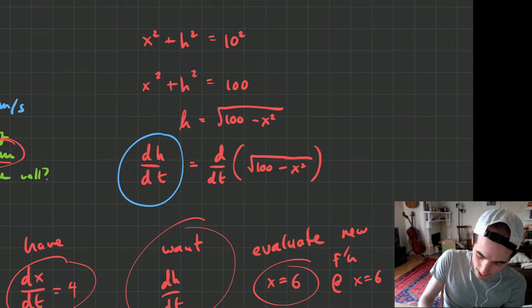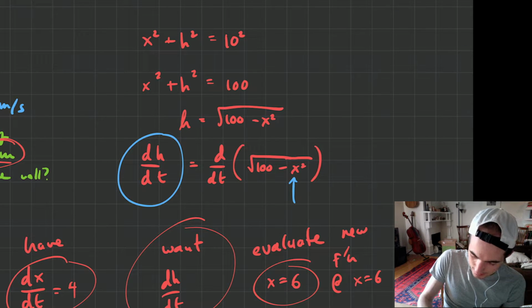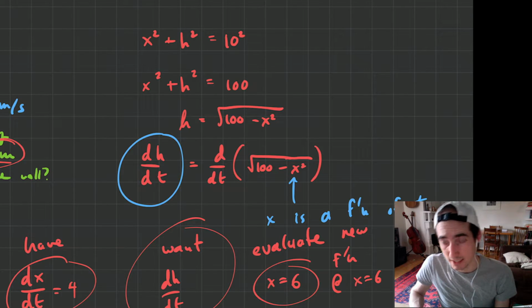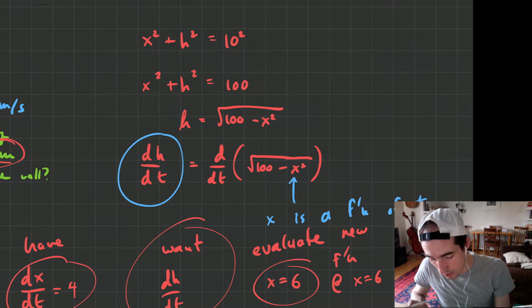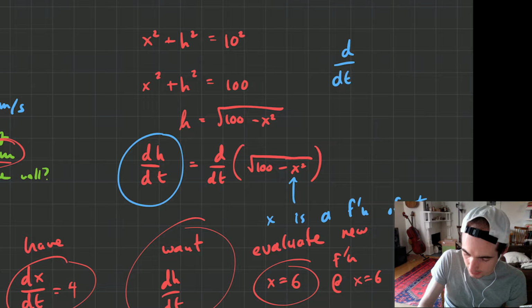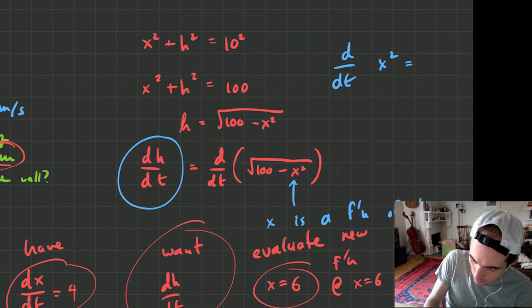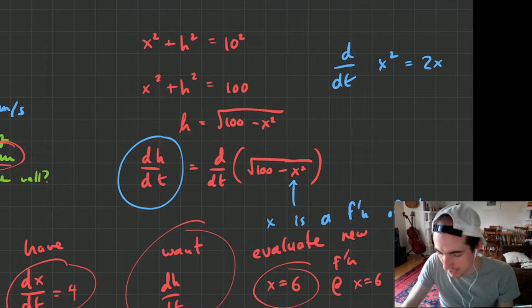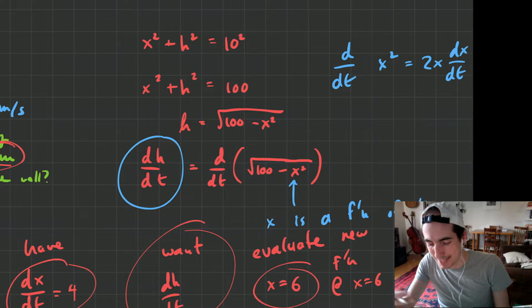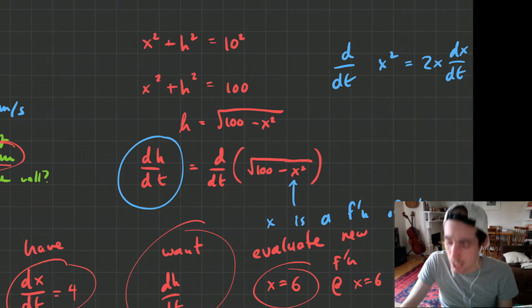One of the problems we're going to have is that x is a function of time. So we don't get to just say, let's say we had d by dt of x squared. Well, we'll have 2x, but then we have to write dx by dt, using the chain rule, because x is a function of time.